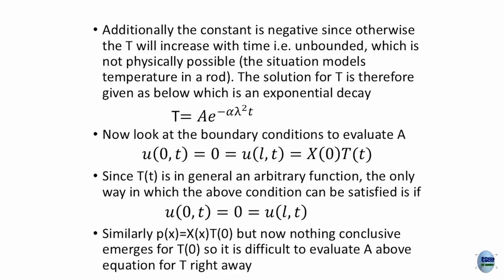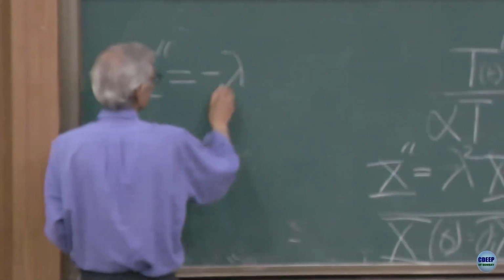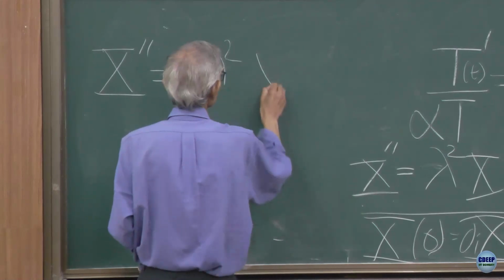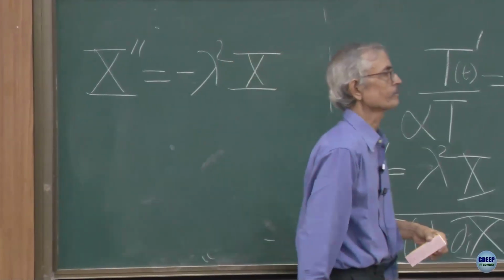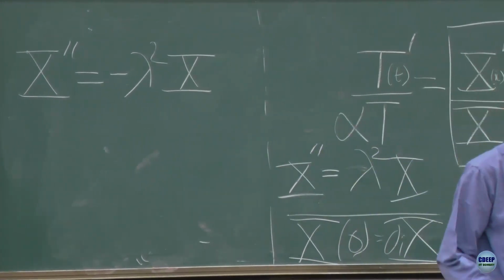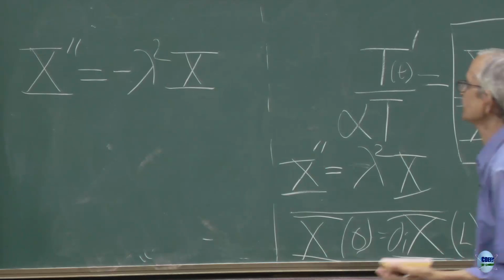So what happens to this now? X double prime is minus lambda square X. What is the solution for this equation? Cos and sine.